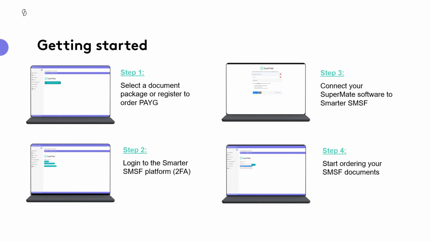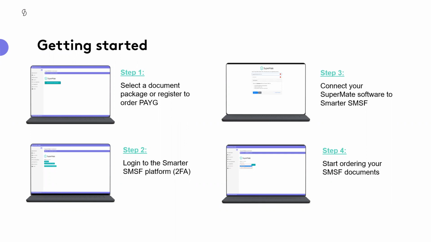What I should say as well is that just because we don't necessarily have an integration ready yet for all the documents, it doesn't limit you in being able to go in and order those documents ordinarily. You'll just need to populate that information yourself until we work through the backlog of a significant number of documents.